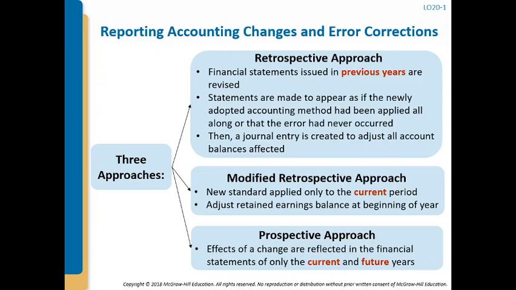Also, in cases of some errors, you have to report retrospectively as well, and so you have to do the same thing for those types of errors. And then on top of that, you have to create a journal entry for any accounts that are affected by the newly adopted method or error.